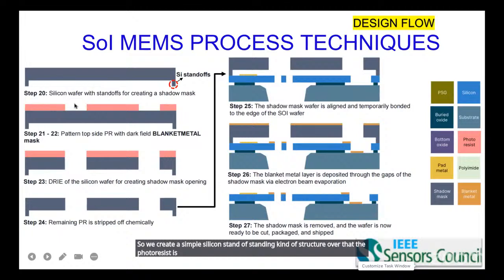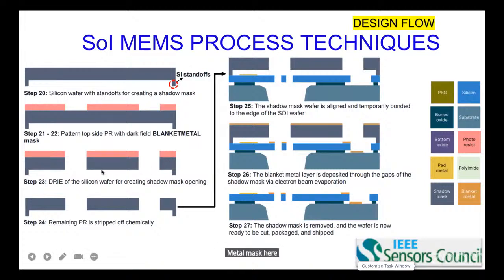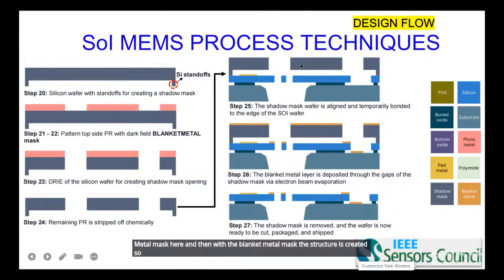And this particular mask, wherever we remove material, is called masking. So we will place a blanket metal mask here, and with the blanket metal mask, the structure is created. So this is now standing like this. That's what I said: for simplicity, these parts are not drawn from step 20 to 24.